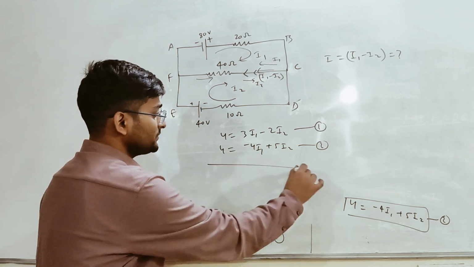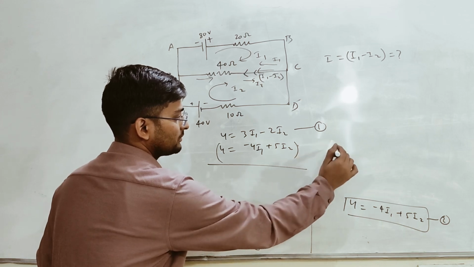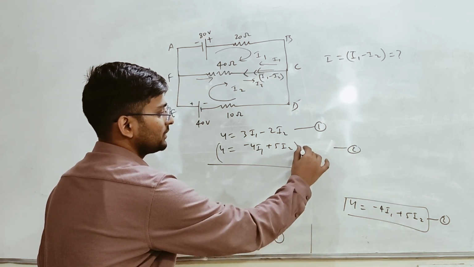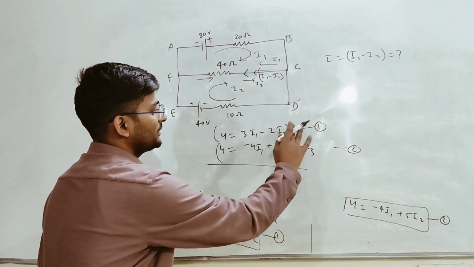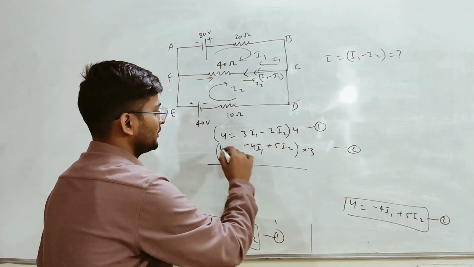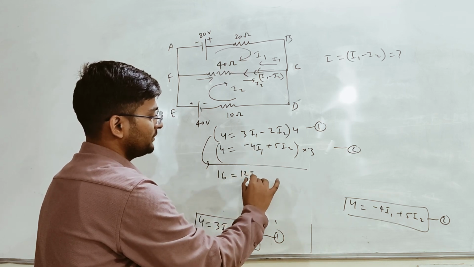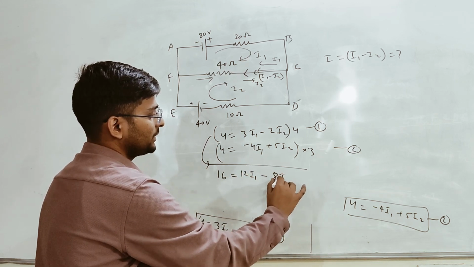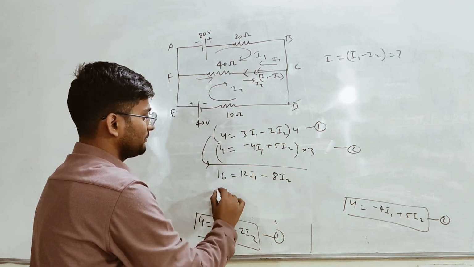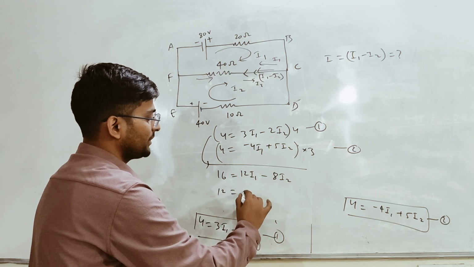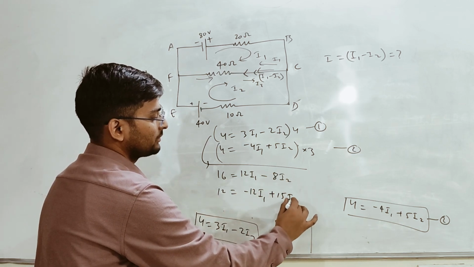We multiply the first equation on both sides by 4 and the second by 3, to cancel the I1 terms. We get 16 is equal to 12I1 minus 8I2, and 12 is equal to minus 12I1 plus 15I2.